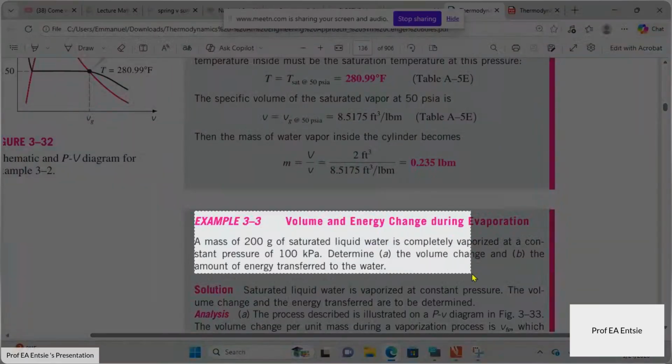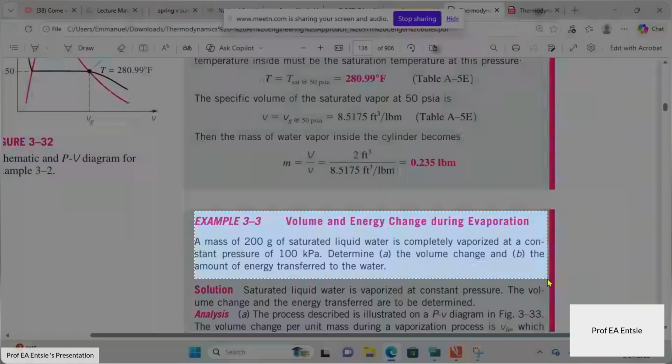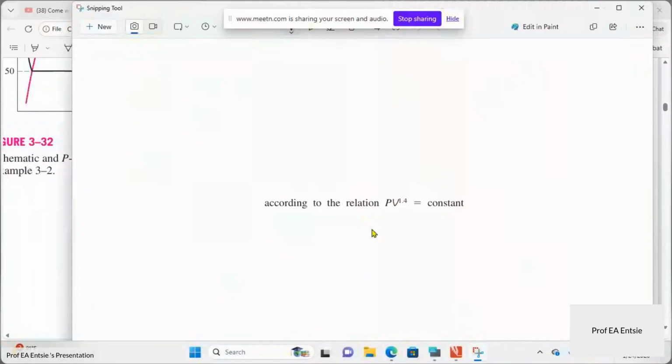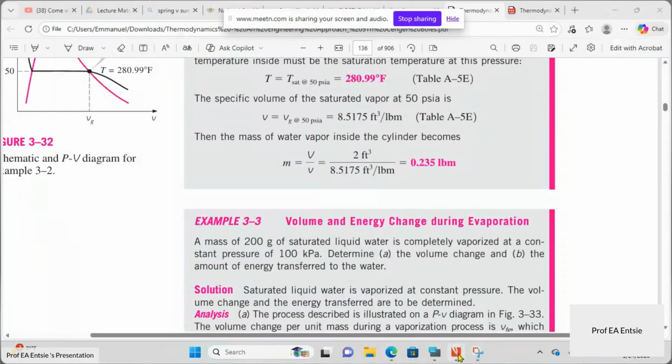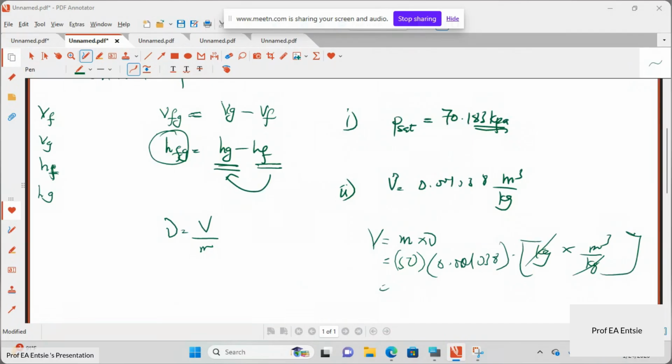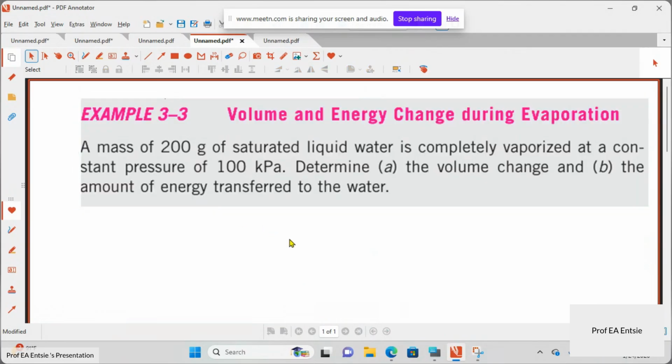Then I will just copy that one and bring it here. All right, so let me share my board.